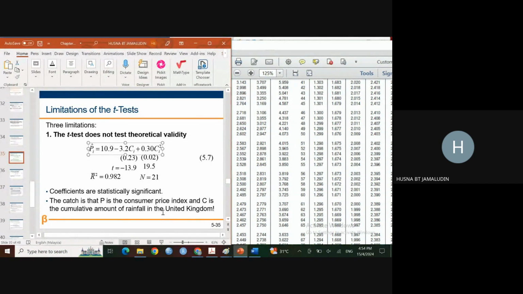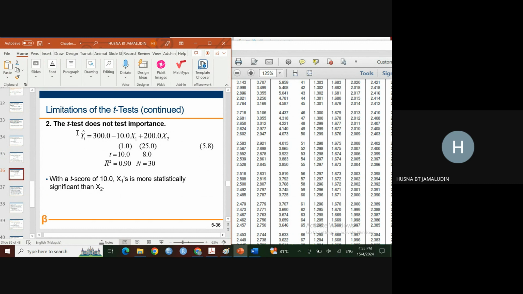This is a ridiculous variable. But somehow when you run it using the regression, you find it significant. So it doesn't mean that the t-test will actually test your theoretical validity. That's why you have to choose the right or relevant variables, because if you put in a nonsensical, irrelevant one, it may somehow turn out to be significant, but it doesn't make sense.